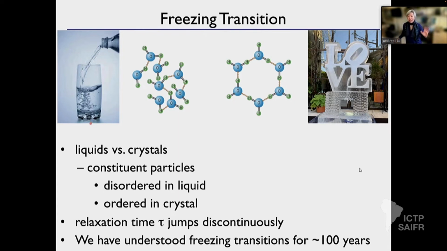So that transition is marked by the onset of order and by a discontinuous jump in the relaxation time. In that case, a microscopic variable that will tell you about that transition is something that characterizes the order, because it's not there in the liquid and it's there in the solid. And we've understood freezing transitions for a long time.